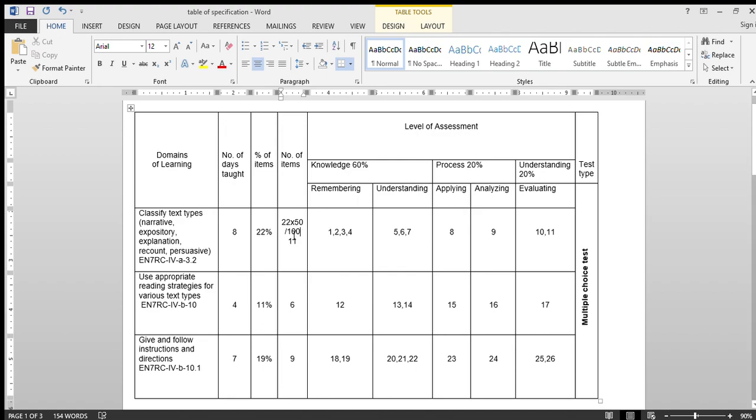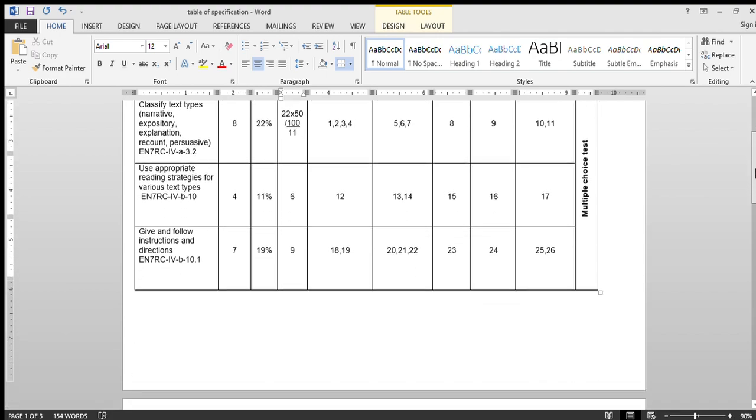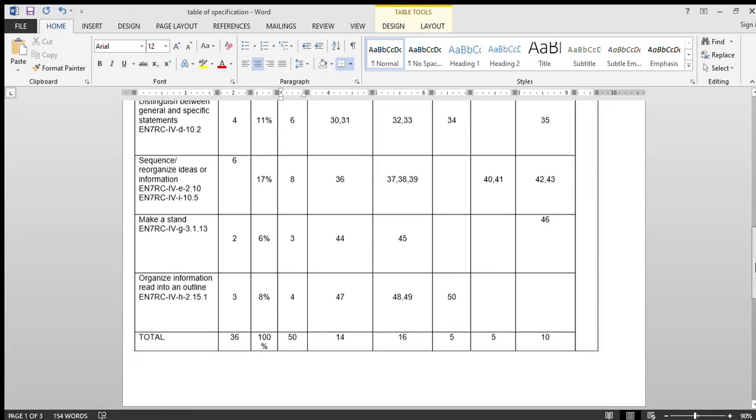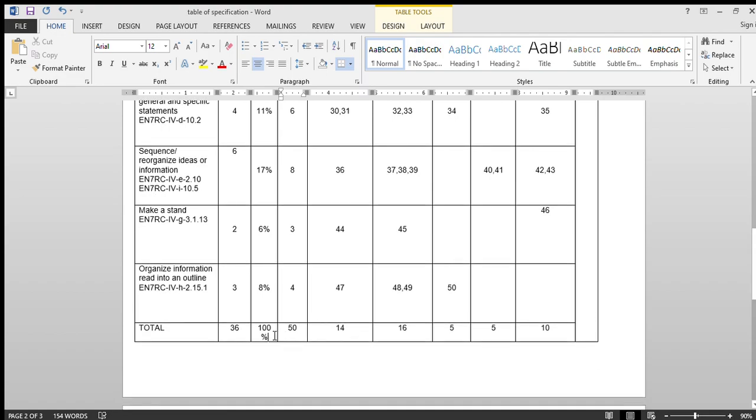Where did I get the 100? Okay. 100 is from the total percent of items. This one.